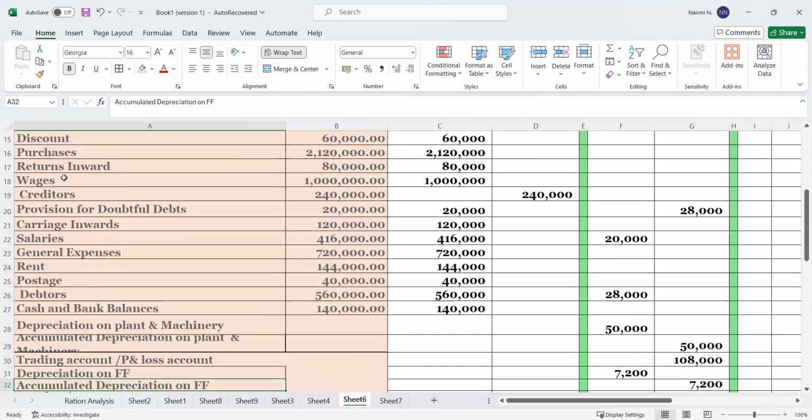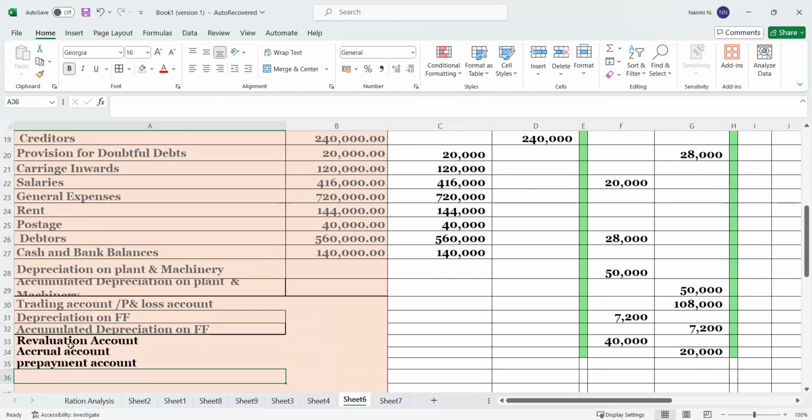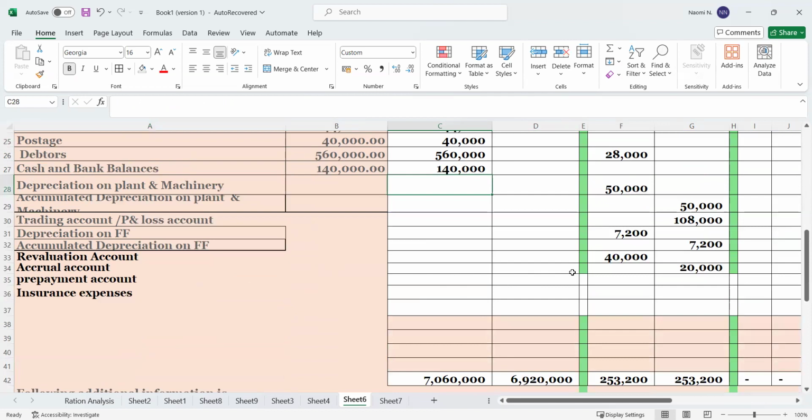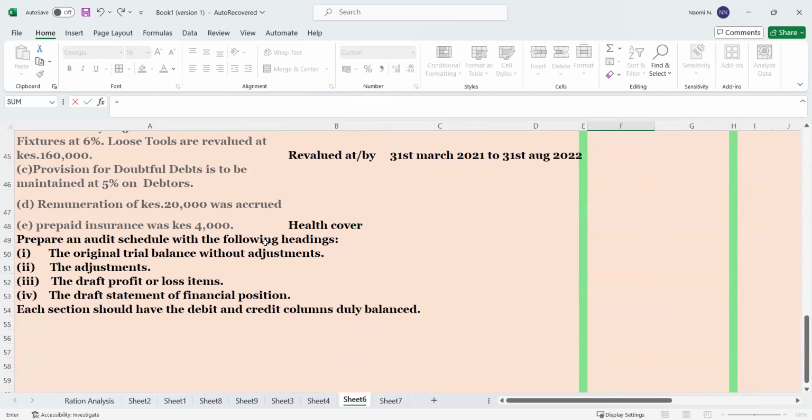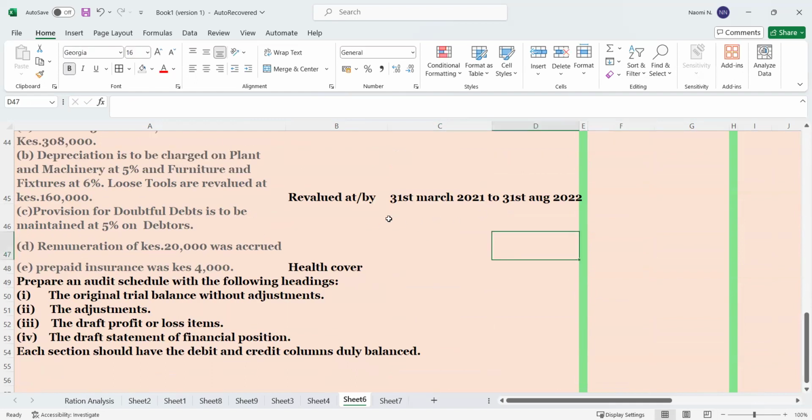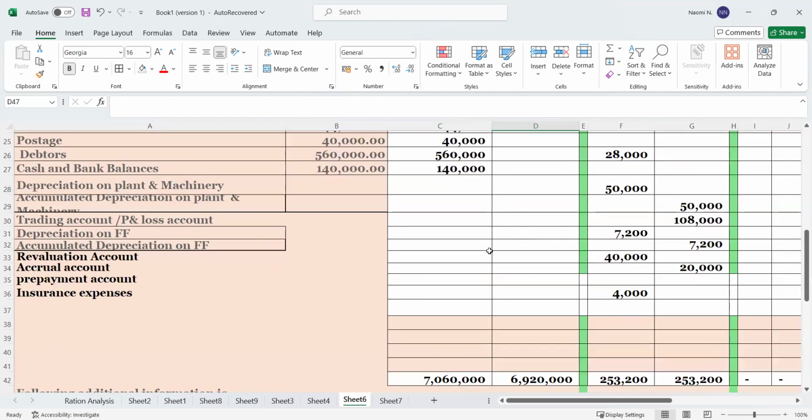Okay, we will have to create an insurance account. We do not have it. Insurance expenses. It is an expense. So on that one, we will have this amount equal to a prepayment of 4,000, and it will also affect our prepayment.